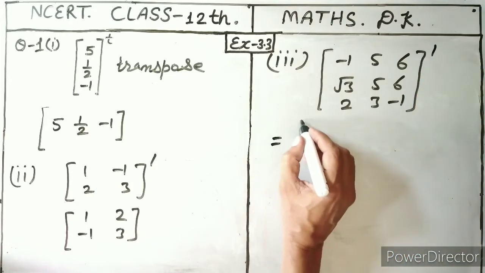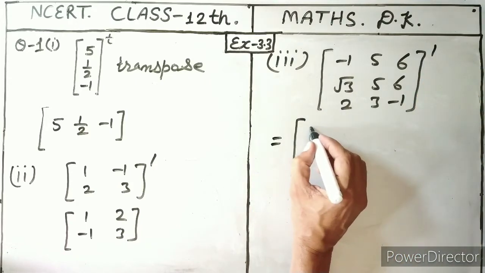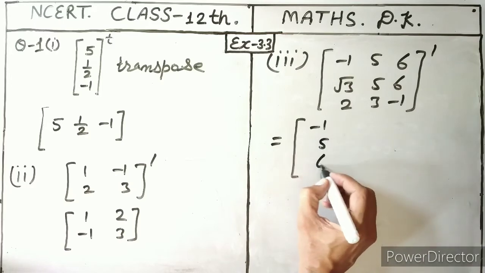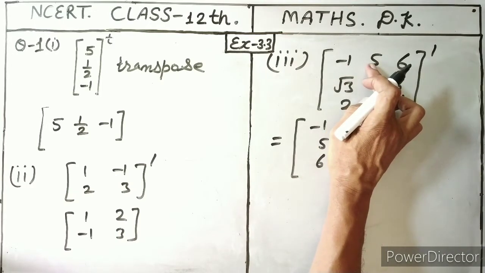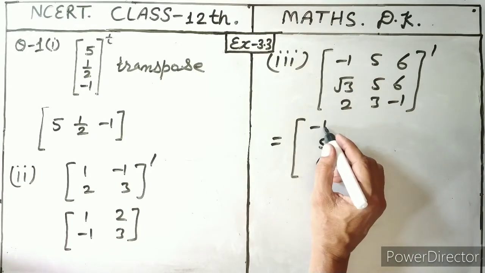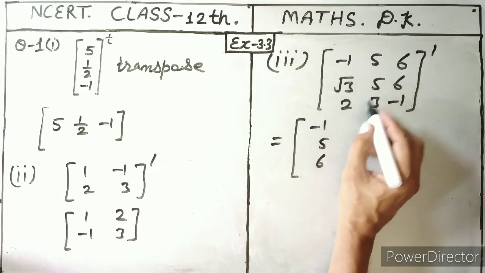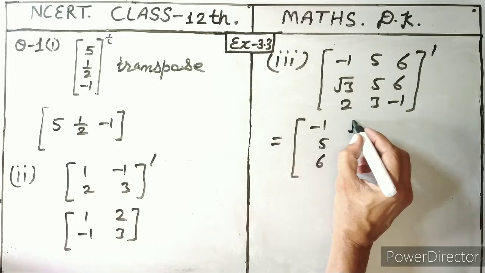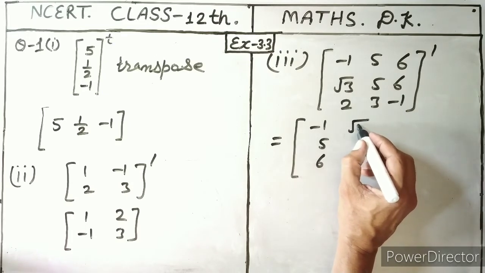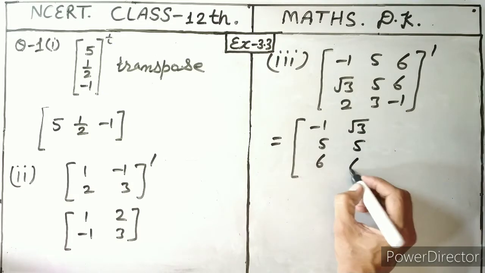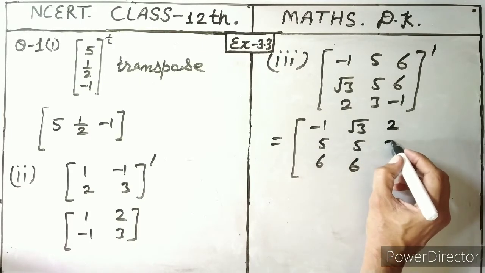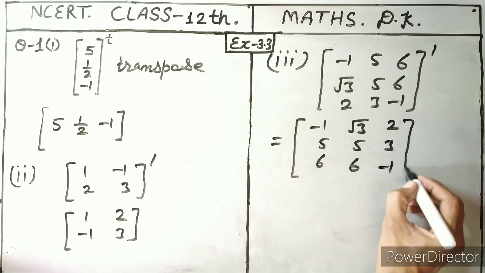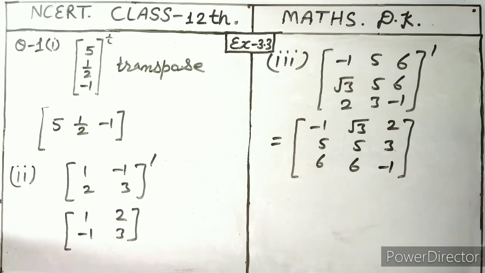Transpose of this matrix is here -1 5 6. First row we make it in first column -1 5 6. Second row we interchange in second column 3 5 6. Third row changes into third column 2 3 -1. This is transpose.